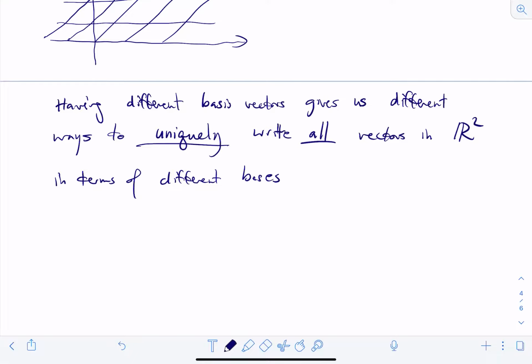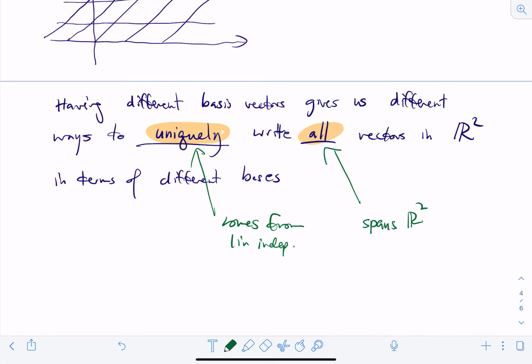So this uniquely part comes from the linear independence. And the all part comes from the fact that the basis spans. Right.